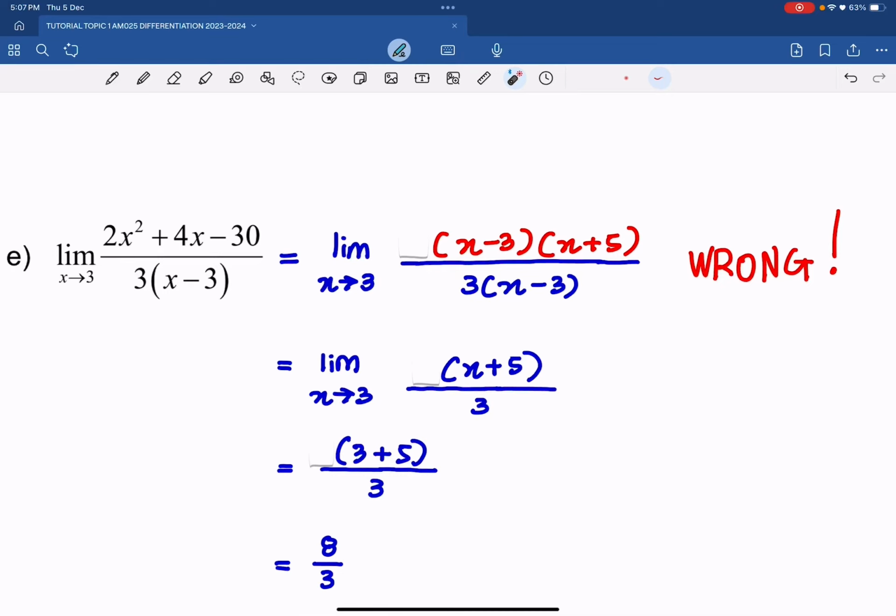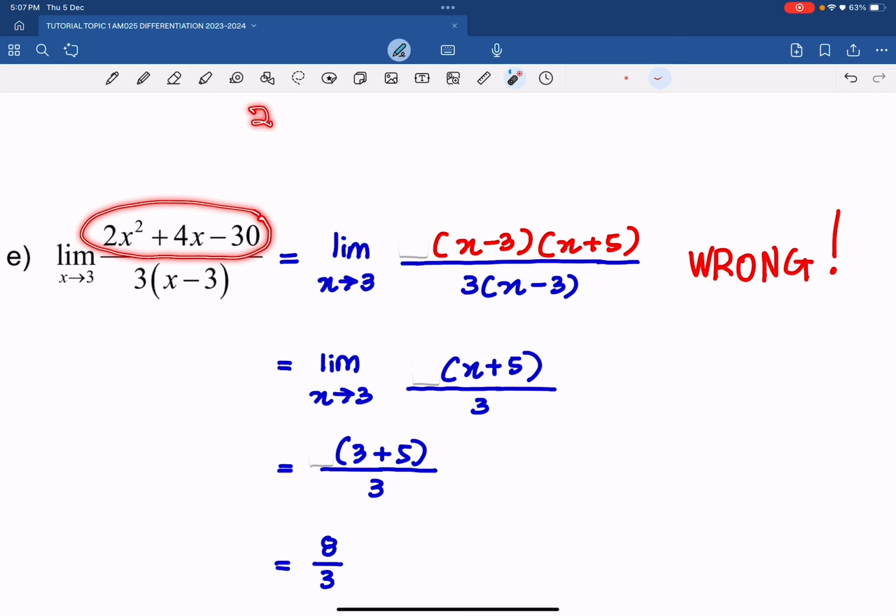For this question, if you are factorizing such as x minus 3, x plus 5, then it is wrong. Because if you're using a calculator, your calculator will read 2x squared plus 4x minus 30 as equations.